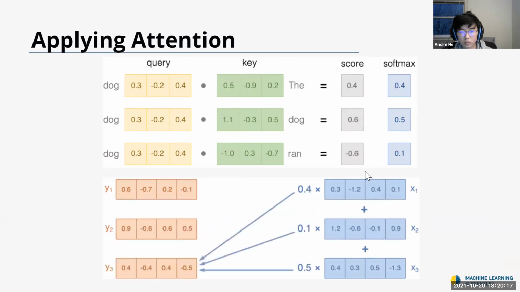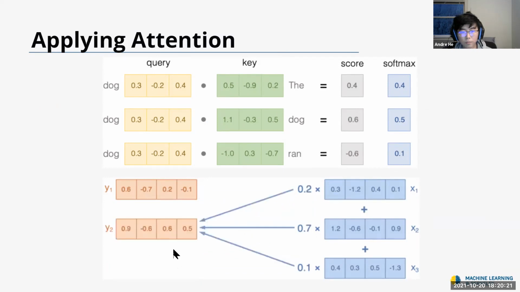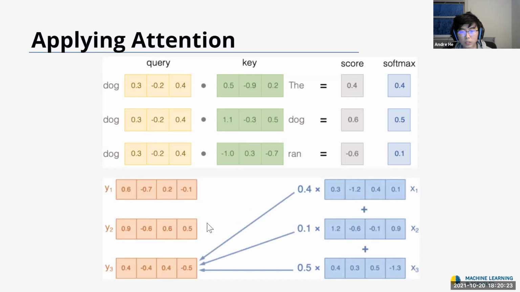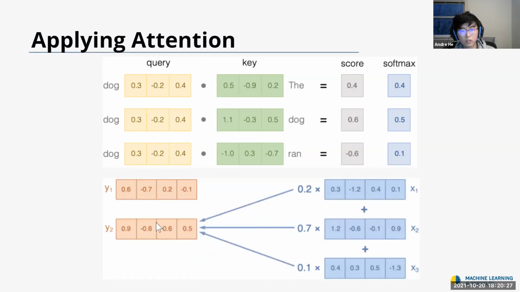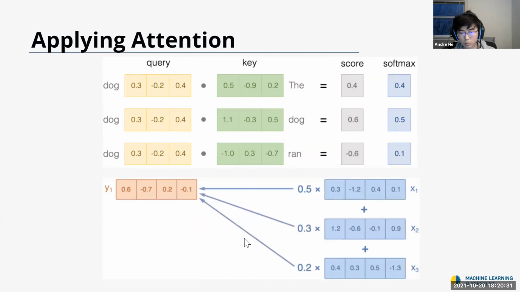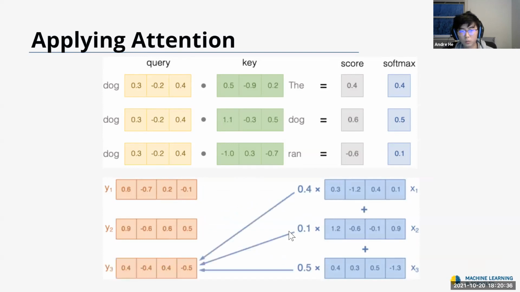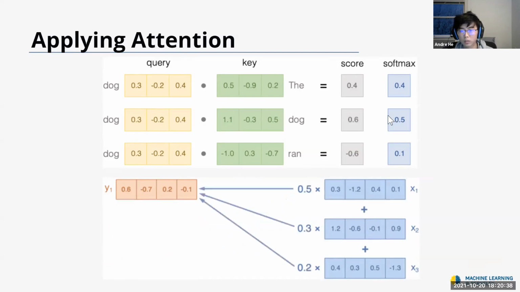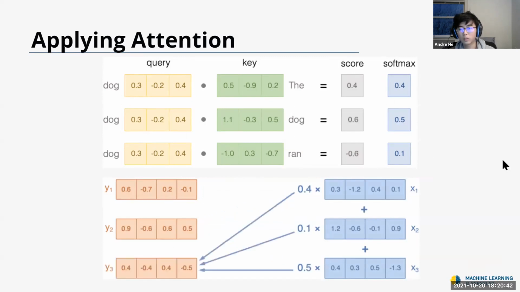You get these scores, you take the softmax, and then you take the weighted sums to get the output embeddings. Here you can see the Y's on the right are for each of the 3 words. What you see on the bottom animation is actually the process repeated for every word. And for the final word, you can see that these weights actually correspond to the softmax. So that is the word that is shown on top here.